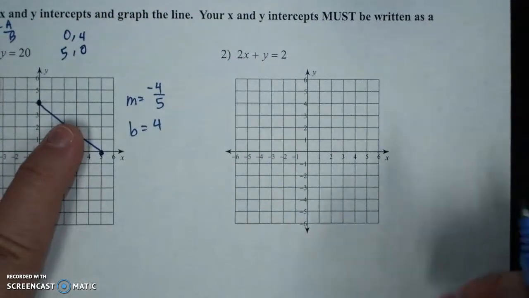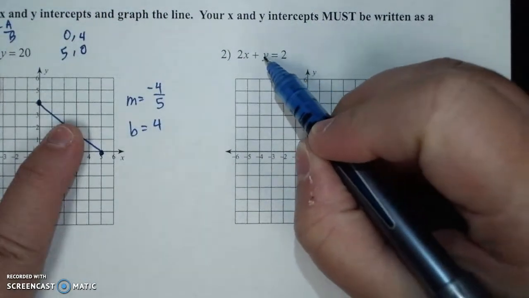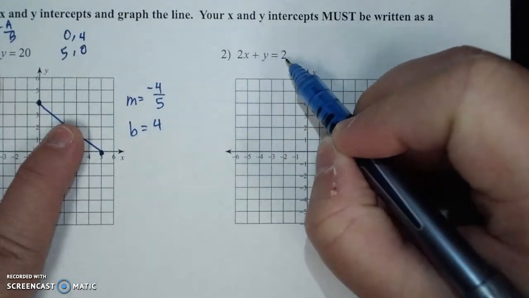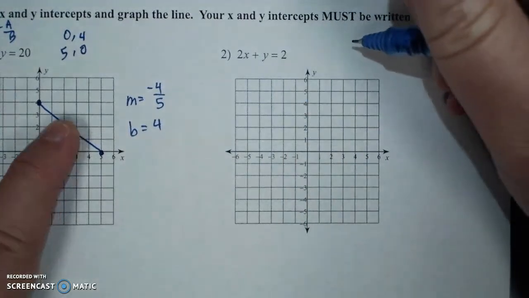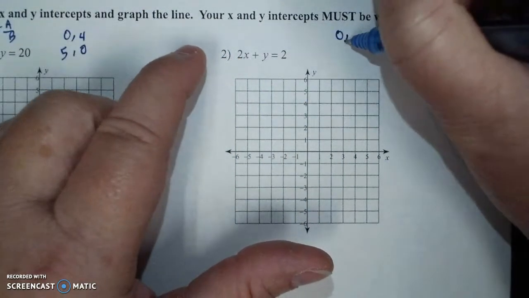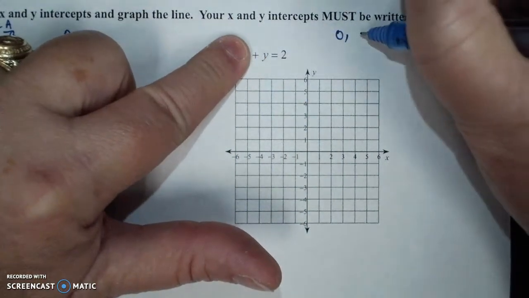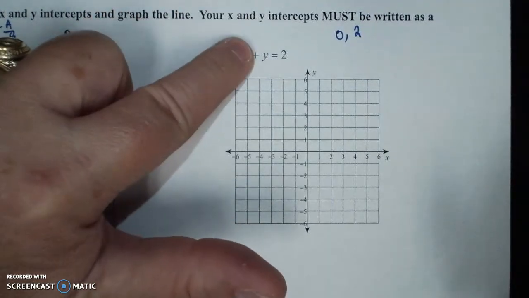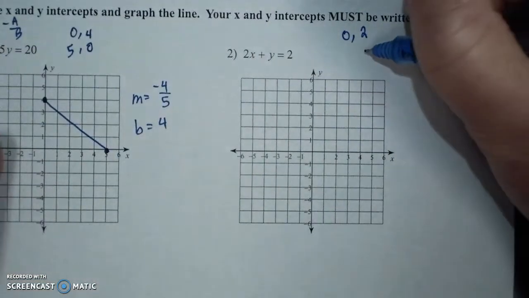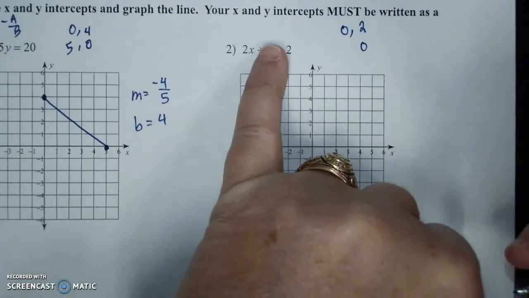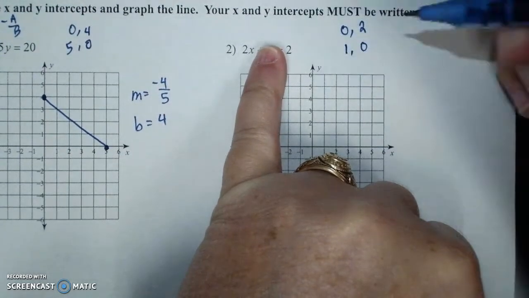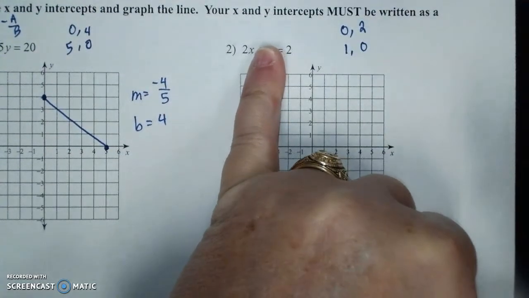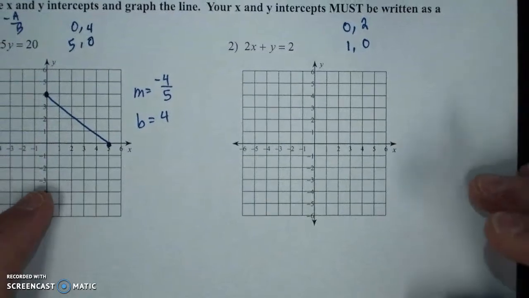Now I'm going to look at this one. It's in standard form, and I notice that my coefficients are multiples of my constant. So I let x equal 0, which means I just cover that up, and y is 2, because 0 times anything is going to make it disappear. Then I let y be 0, and so x is 1, because 2 times 1 is 2.